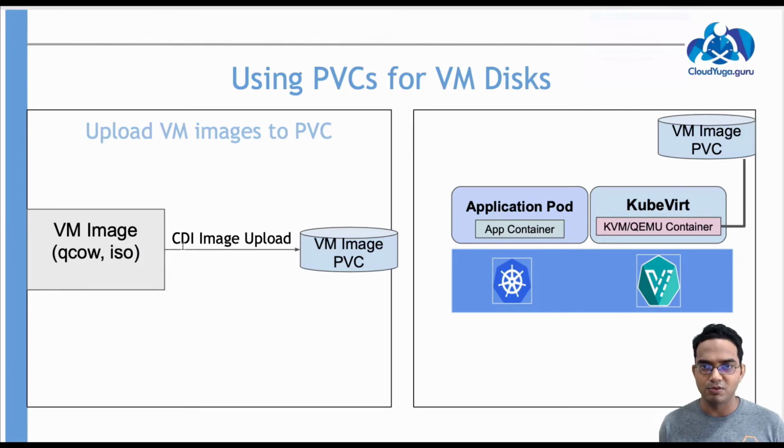Yeah, sounds interesting. So what happens with this is we can take our VM image, which can be an ISO or qcow2 image. We would then import it into a PVC with the help of a Containerized Disk Importer program. And once we have that particular VM image as a PVC, we can then attach that PVC to our VM instance.